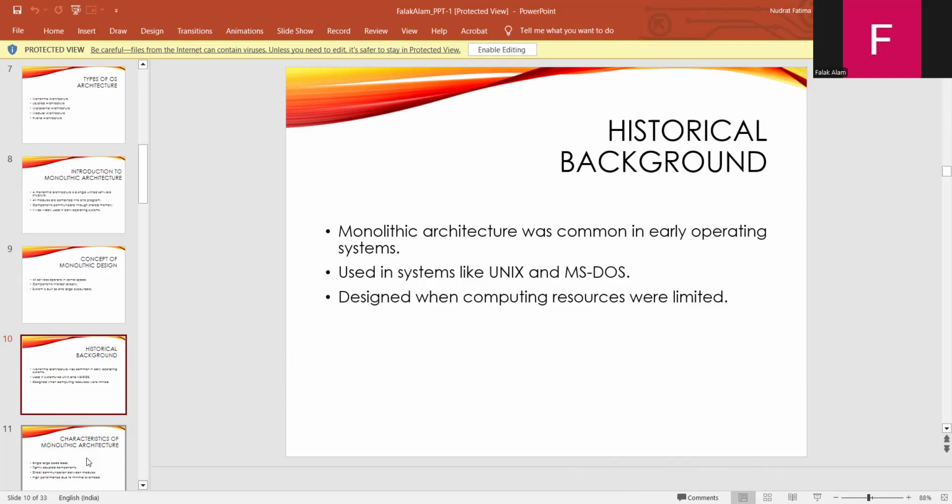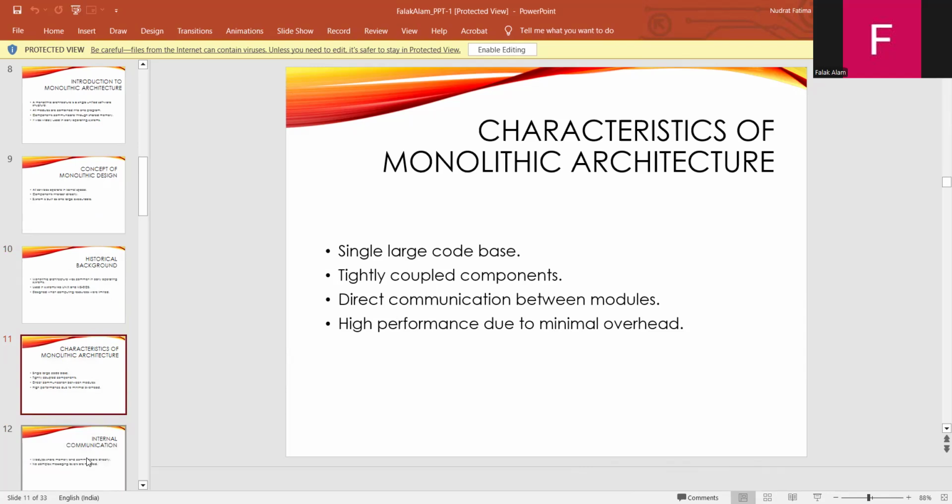Now moving with the characteristics that a monolithic architecture holds. A monolithic architecture has several key characteristics.